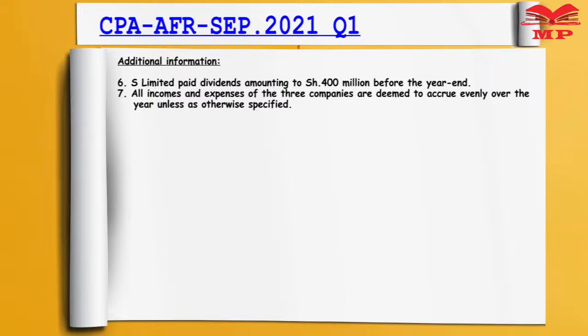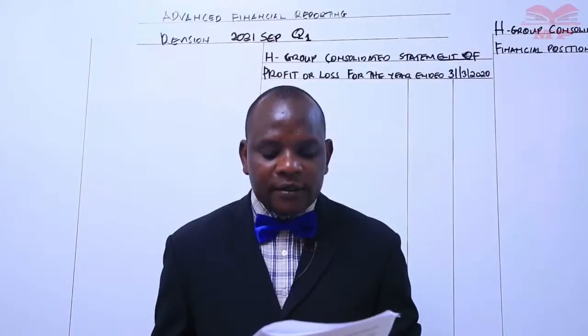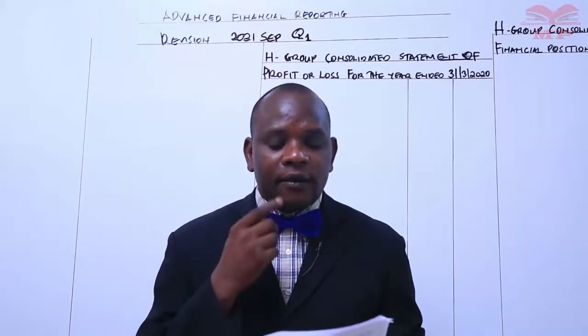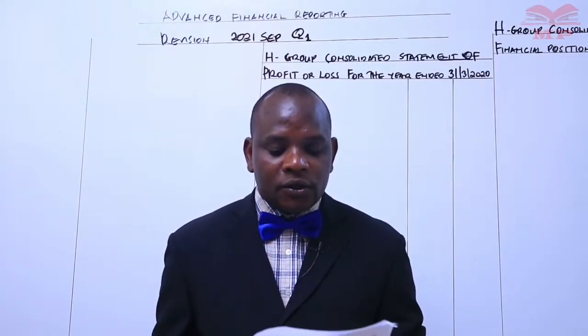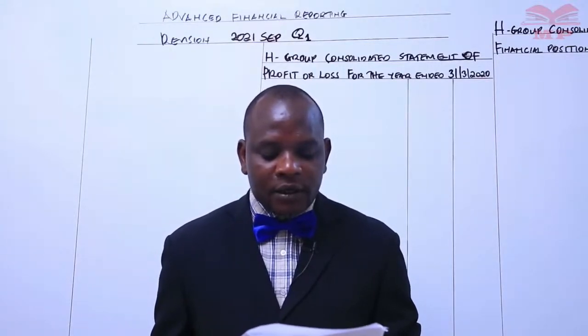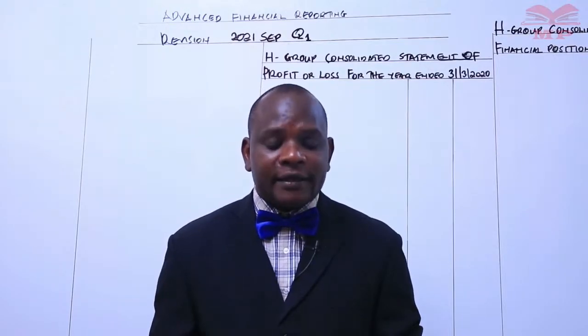And then we have number 7, all incomes and expenses of the 3 companies are deemed to accrue evenly over the year unless otherwise specified. The words accrue evenly should bring to your attention the timing aspect of acquisition. So go back to the question, look at when the financial year ends.